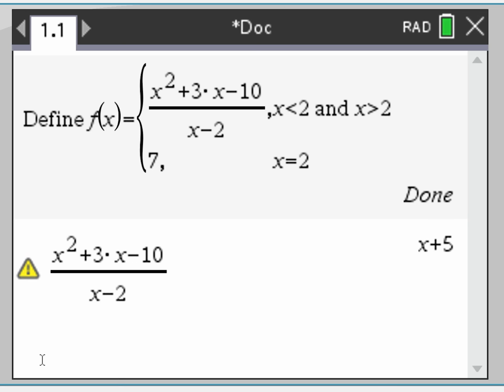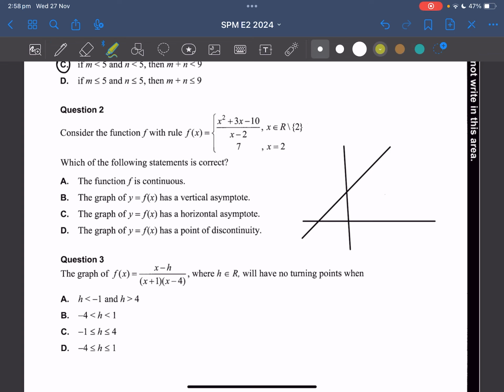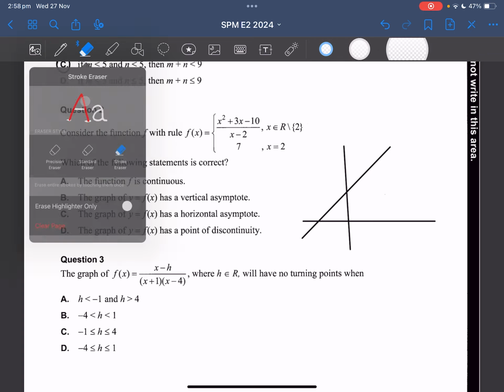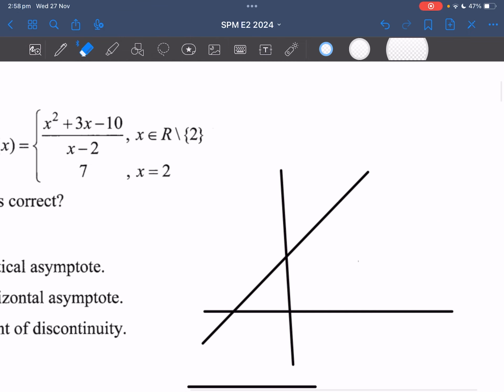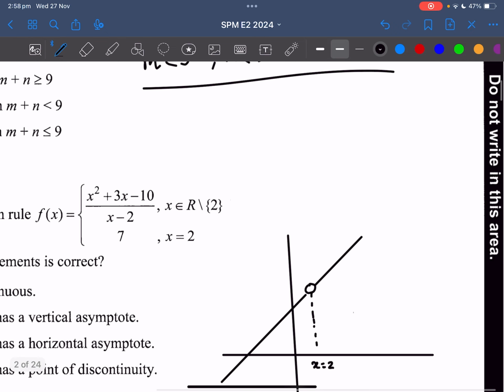So let me just quickly draw a graph. We have this line like that, okay? And there is a discontinuity right here, for example. Let's say that this is our x equals 2, but it also says that x equals 2, y is equal to 7.